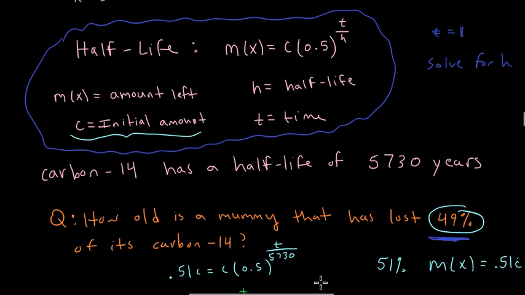Something loses 6.44% per year. So if it loses 6.44%, that means it has maintained what percentage? That means it still has 93.56% of its mass after a year.